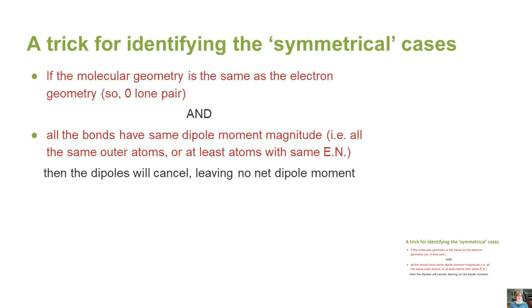One trick that can help identify symmetrical cases is looking for geometries where there are 0 lone pairs on the center atom. So the molecular geometry is the same as the electron geometry. In those cases, if you also have all equal dipole moment magnitudes, which is generally having all the same outer atoms, so I have a center atom bound to identical outer atoms like CH4 or CCl4, and could also be atoms with the same electronegativity, then those dipoles are going to cancel.